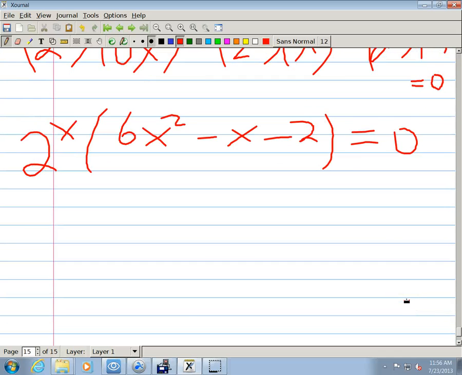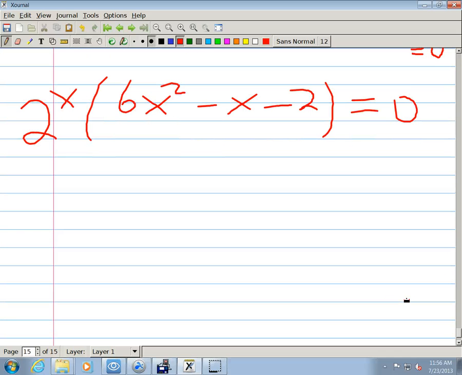All right. So, remember one of the properties of 0. When two quantities multiply out to 0, what do you know?